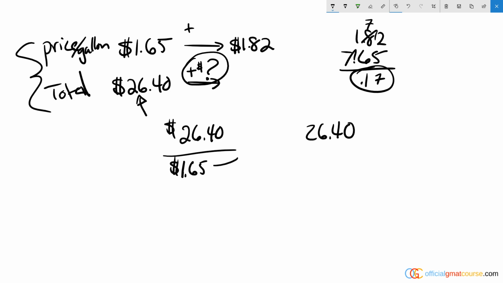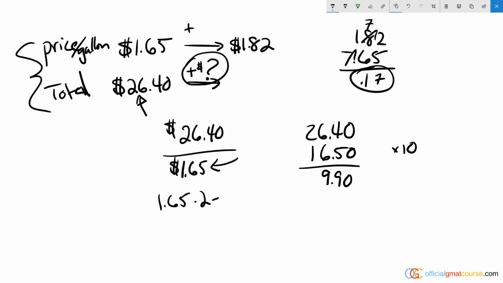I know that $1.65 would go into $16.50 10 times. And that would leave me with almost a full $10, but not quite. It's going to be $9.90. Okay, so then I have to spend $9.90, and I have to do it $1.65 at a time.